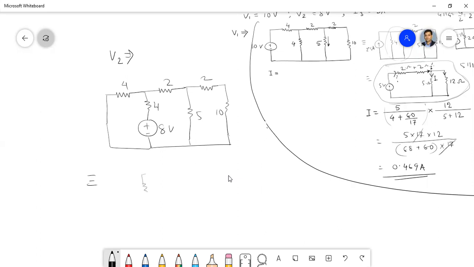Quickly. What will be this current source value? 2. The last resistance value again 12.